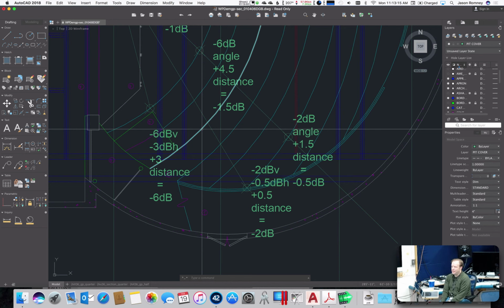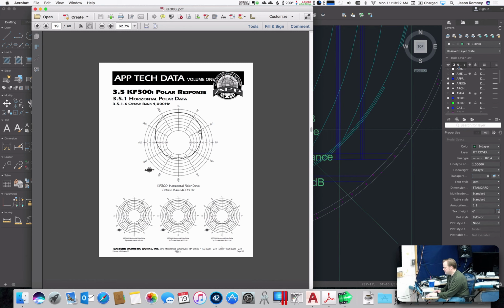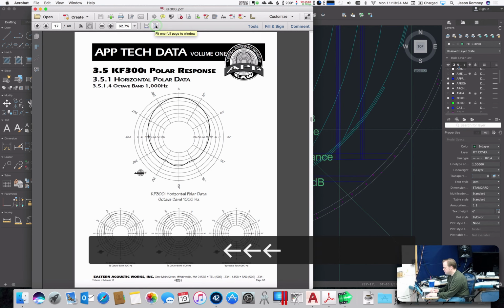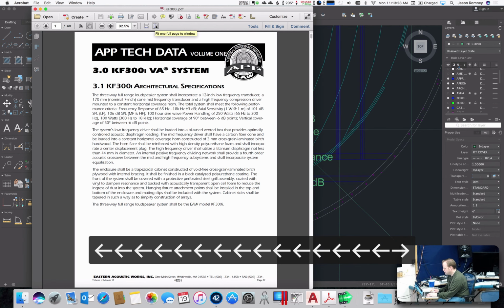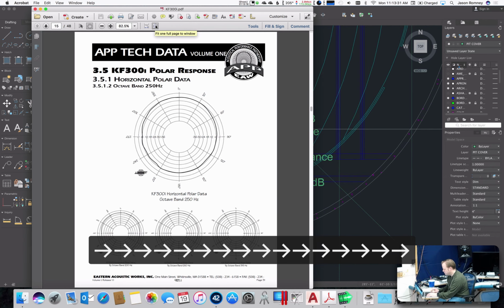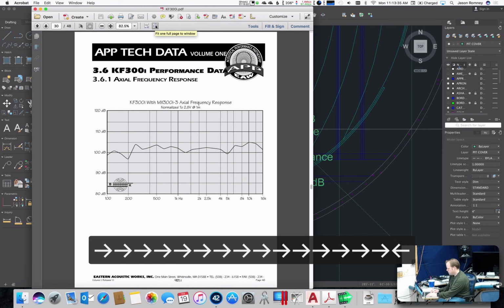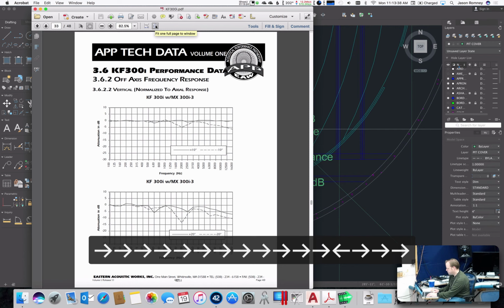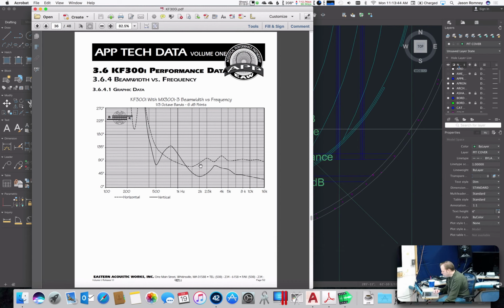Well, keep in mind that in order for an array to work, you have to have what's called constant directivity. So let me show you what I mean by that. Okay, here we go. So here is a beam width plot for this loudspeaker.